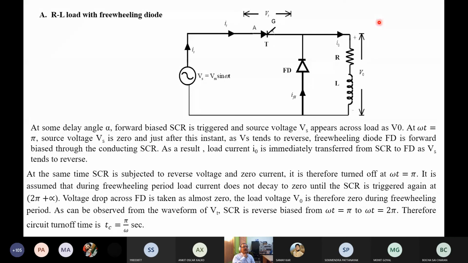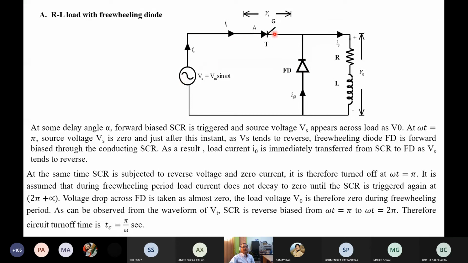So now one more circuit is there. RL load, but with a freewheeling diode. We know that the diode has a very small forward resistance, very small in magnitude. So what happens in the first cycle?